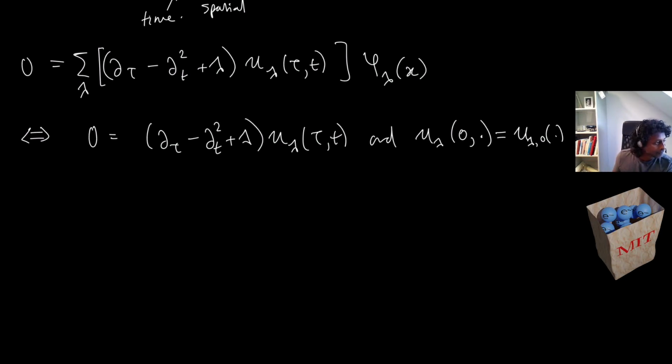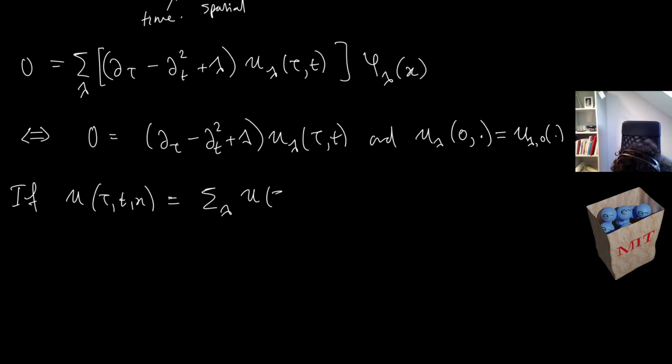Okay. So if we have now a solution to the heat equation, then we know that we're also going to be in the domain of the Laplacian. So if u(τ, t, x) solves the heat equation, then what do we have?